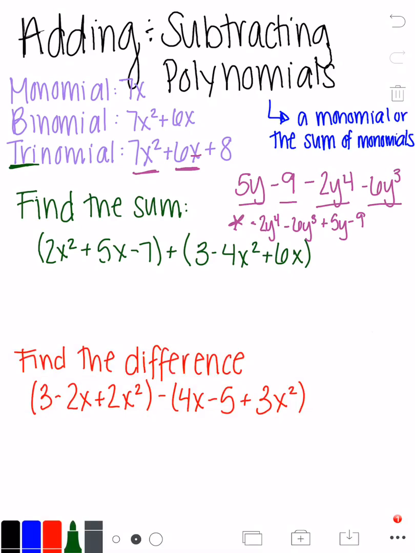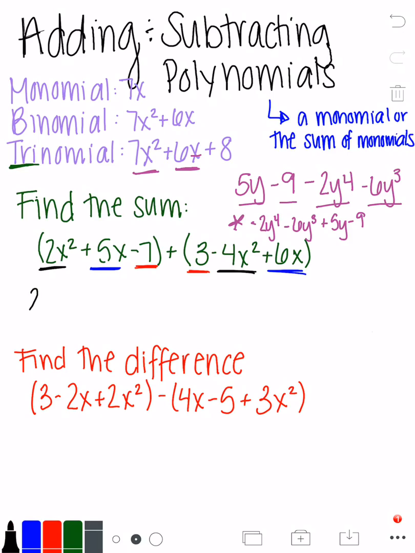Next, we're going to talk about how we can find the sum of two polynomials. The first thing we need to do is group like terms. So let's start with this. We have this x squared, so we need to group those. And then we have just x. And then we have our regular numbers. So we're going to start with our x squareds.